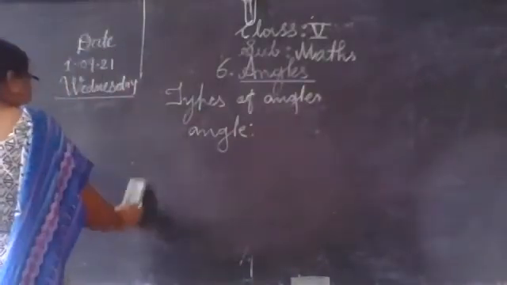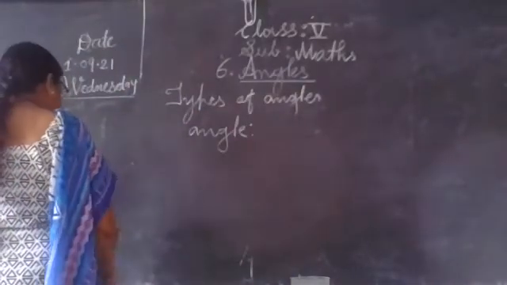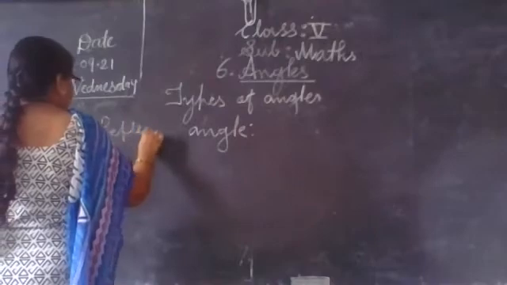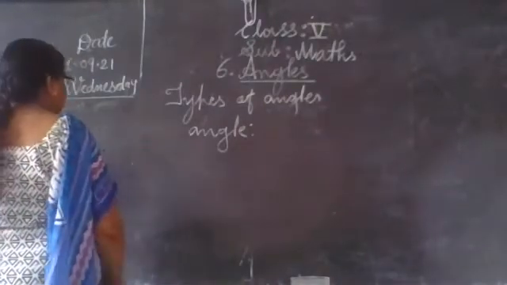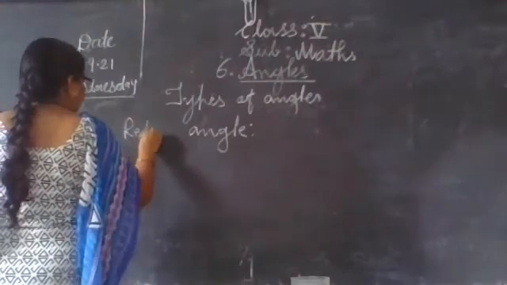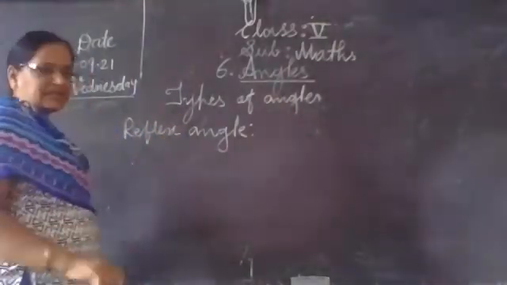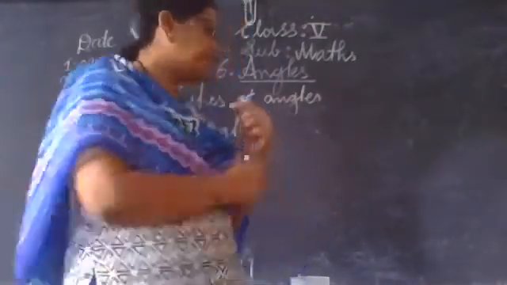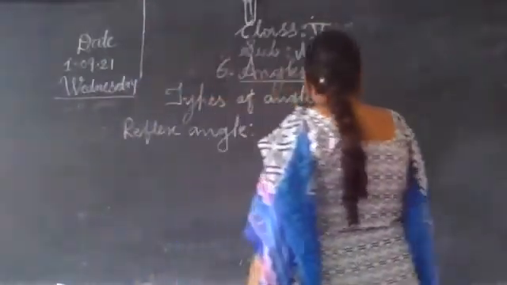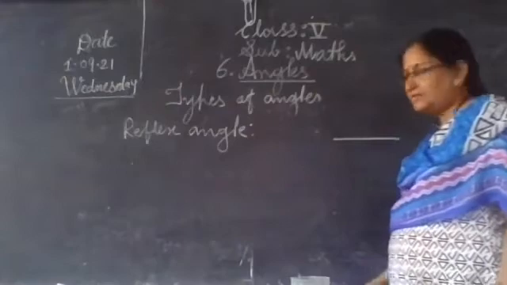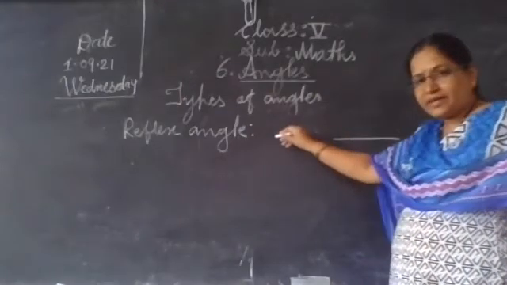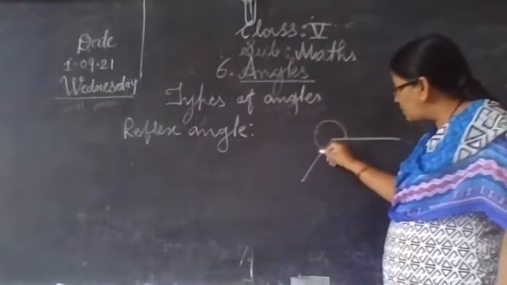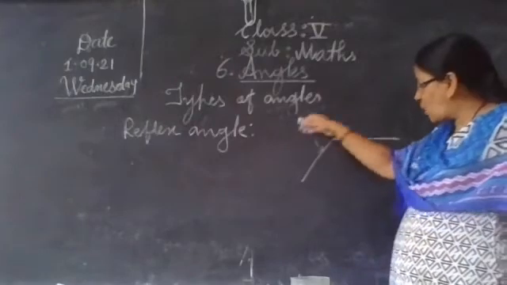Reflex angle. A reflex angle means it is more than 180 degrees but less than 360. So see, beta, suppose this is the base line, 180 means a straight angle, but this is more than 180. So what is this angle? Reflex angle, this outer angle.